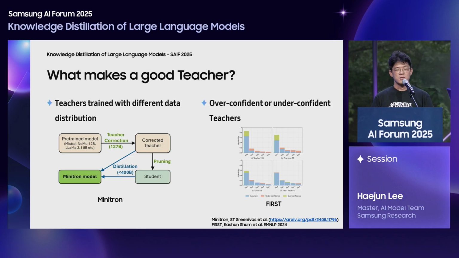Hard label training models can sometimes be overconfident or underconfident. So compared to other training, distillation can do temperature calibration.